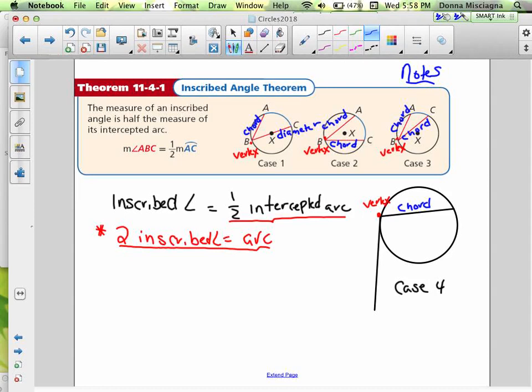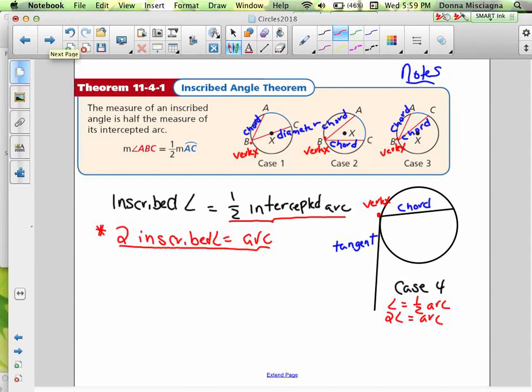The other side is formed by a tangent. It doesn't matter that one side is formed by a tangent. Since the vertex is on the circle, the angle will still be half the arc. So if we take 2 times the angle, we'll have the arc.